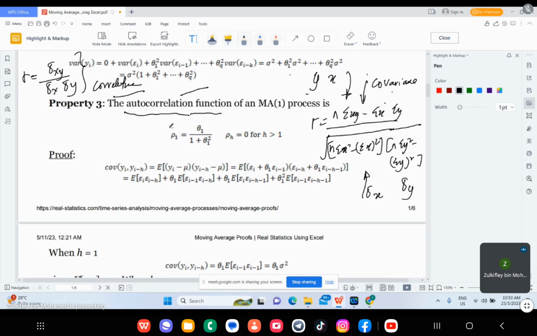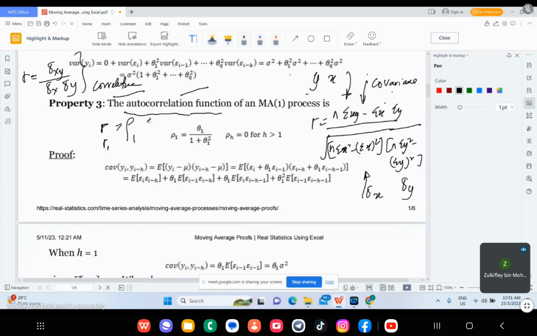Okay. So I want to prove that the autocorrelation for MA1, normally for correlation we use R, but for MA1 we use the term rho or R1. So rho 1 because of MA1.